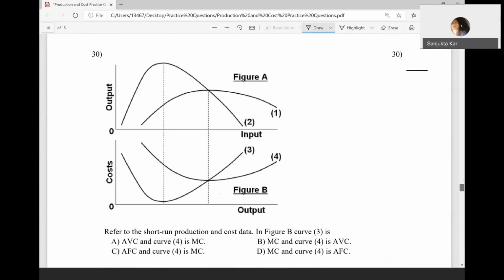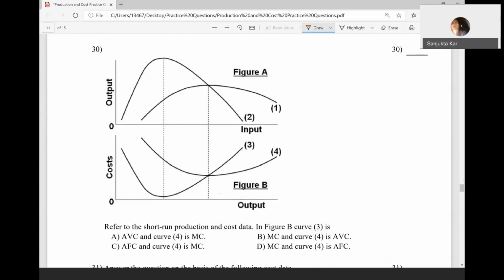So I have some cost figures. In figure B, curve 3 is what? This one is going to be the marginal cost. Curve 4 is going to be the average variable cost.